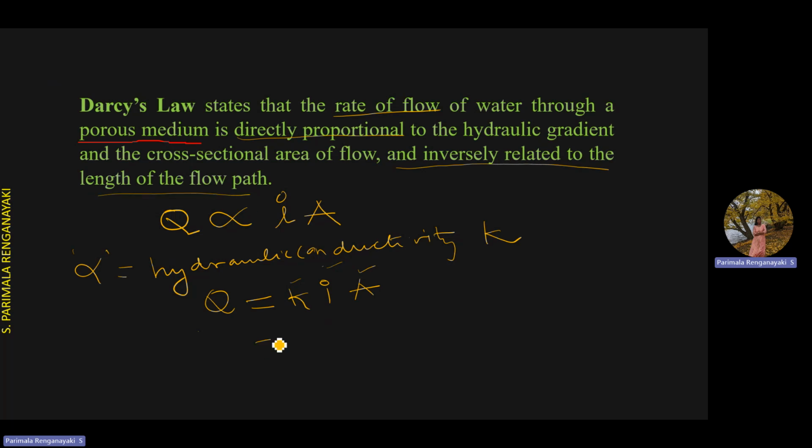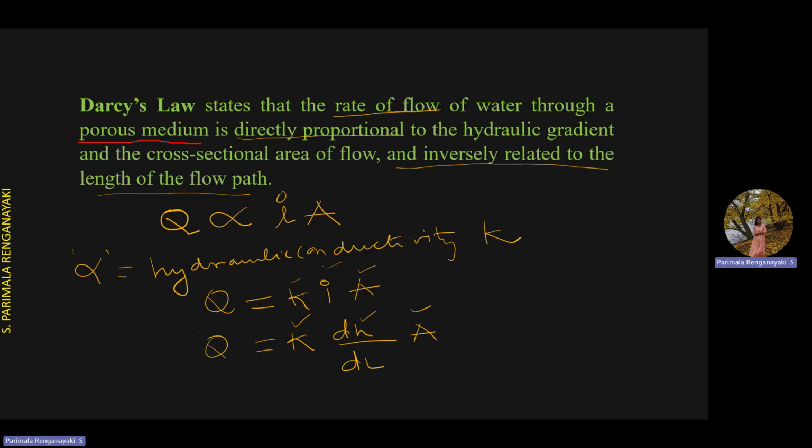What is the meaning? So, I is nothing but dH by dL, into A. So if you see K, dH, A, everything is directly related to the discharge, whereas length is inversely related to the length of the flow.